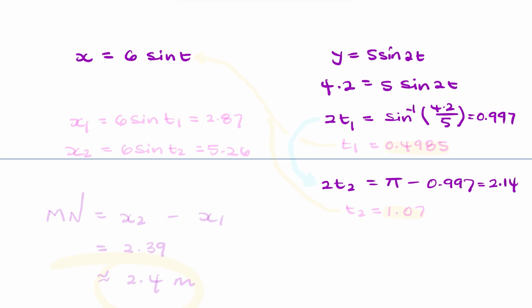And then you can divide each of these by 2. So these are my first solutions, but the actual solution is going to be t1 is half of that, and t2 is half of the other. So 0.997 divided by 2 is 0.4985.